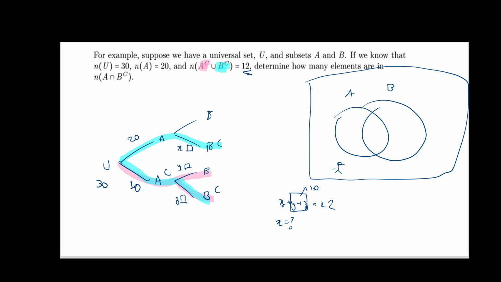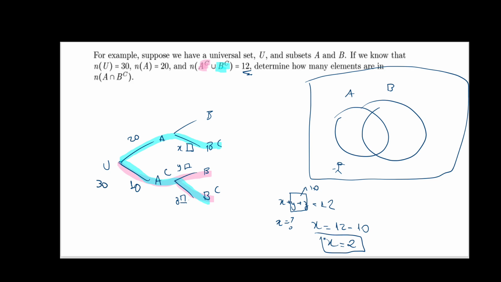Which leaves me with x being 2. So x is equal to 12 minus 10, x is equal to 2.